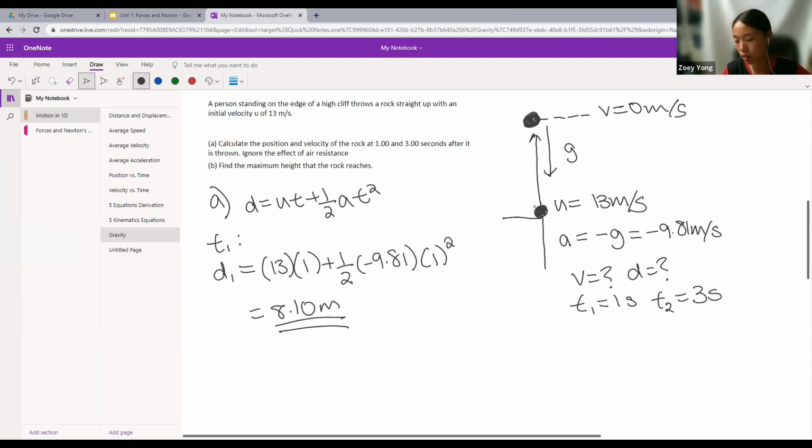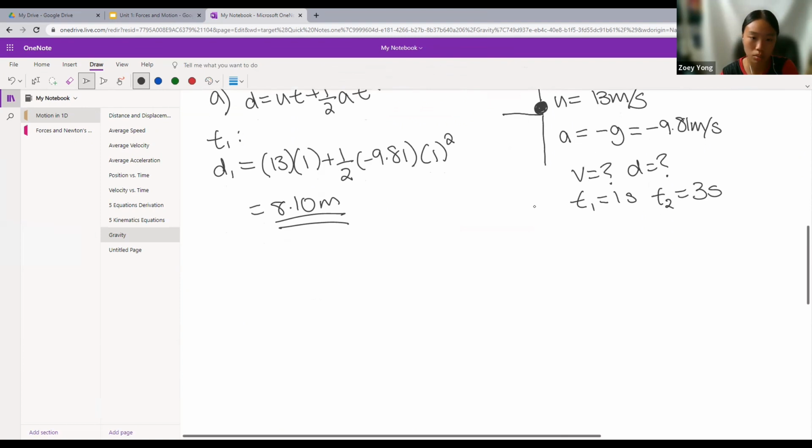Now let's find the velocity for the same amount of time. For this, the equation we're going to use is v equals u plus at. Basically, how I decided on this equation is that I looked at what I was looking for, v, what I have, which is the starting velocity u, acceleration a, and the time t.